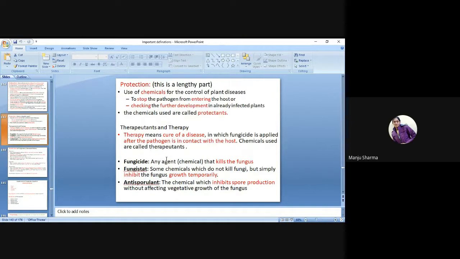So basically, these are all types of chemicals used in protection. The therapeutants, the chemicals which are used in therapy, the fungicide which kills the fungus, the fungistatic which stops or inhibits the growth of the fungus, and antisporulant which inhibits the spore production.